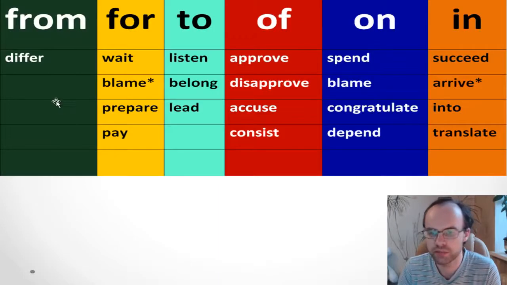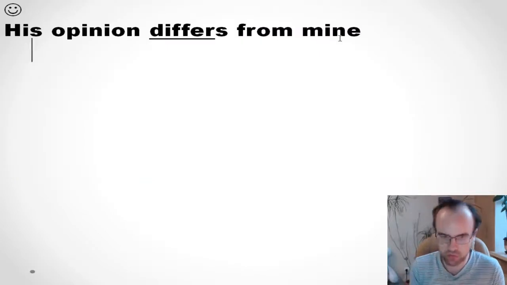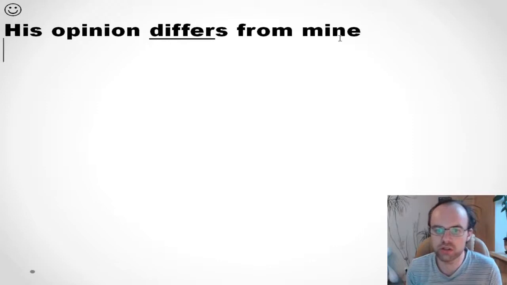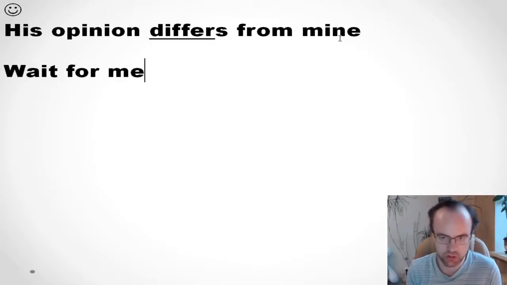So let's talk about for and the verbs which we need to use with for. So remember, my friend, wait for. For example, wait for me. Students often forget about for. Or you can say, I'm waiting for your next lessons with impatience.